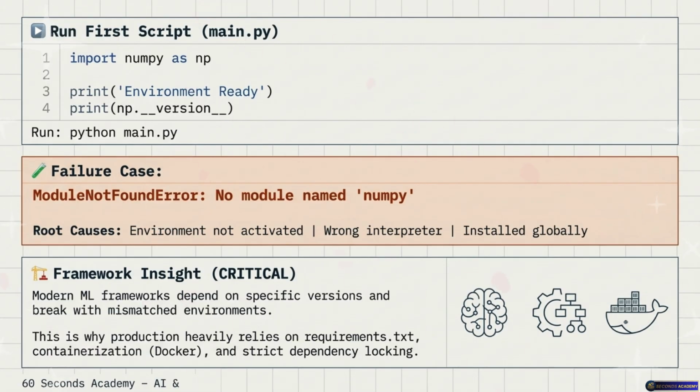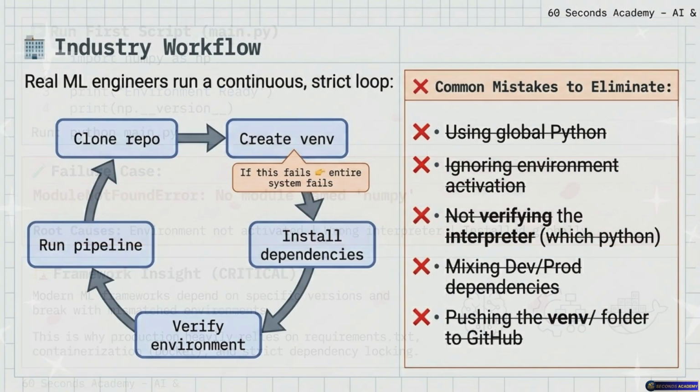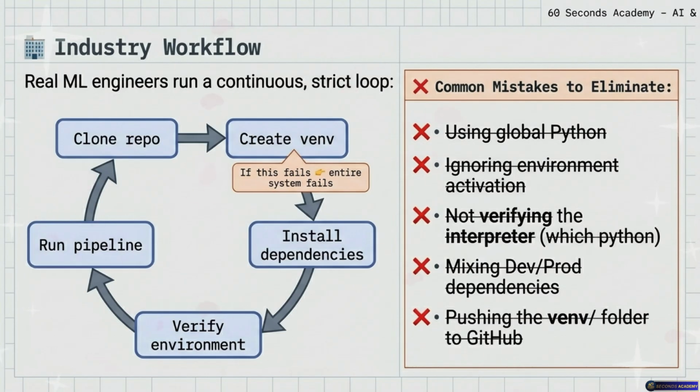Wow, this explains why the actual industry workflow is so incredibly rigid. A professional doesn't just start coding. Not at all. The sequence looks like this, right? First, you clone a repository from your version control system. Second, you immediately create your isolated virtual environment. Yes. Third, you install the exact dependencies from that lean requirements.txt file.